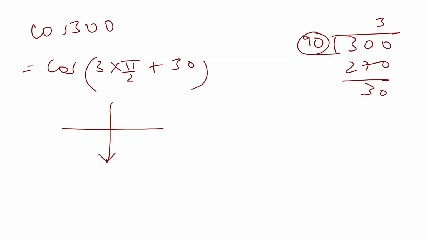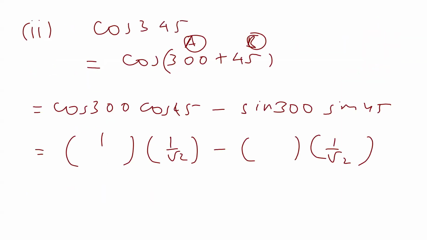So 3 pi by 2 is over here, plus anti-clockwise direction. In this quadrant, cos is positive. Cos changes to sine because 3 pi by 2 lies on the y-axis. So it is sine 30, which is equal to half. So this value will substitute over here.